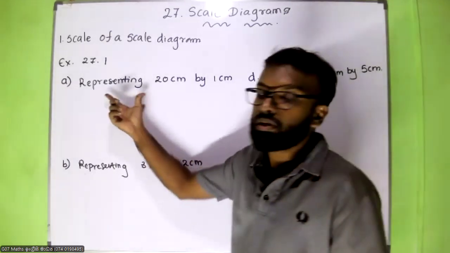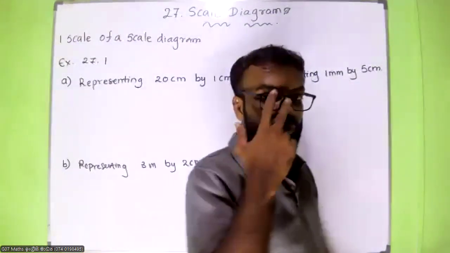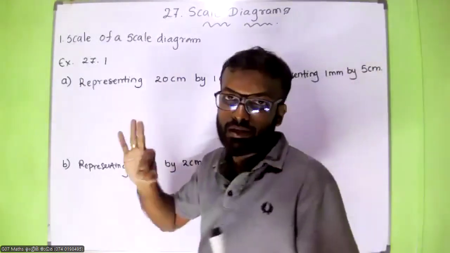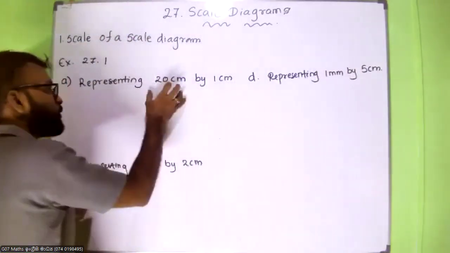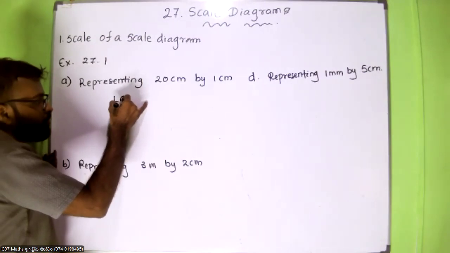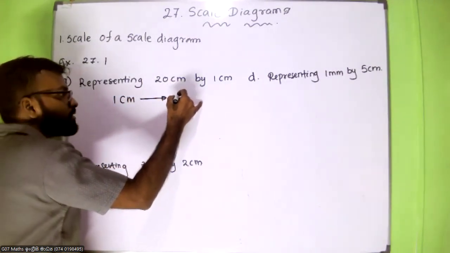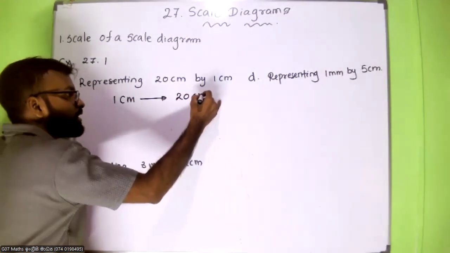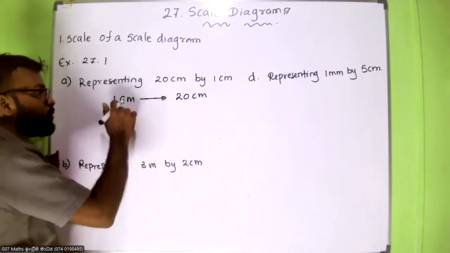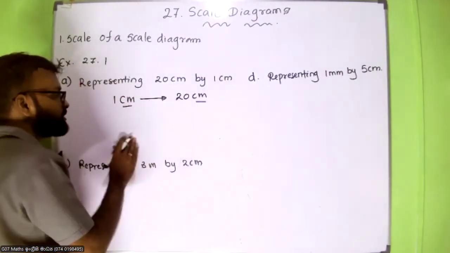So I have written them on the board. Part A now, focus on the board, stop the work. Now try to catch the pattern that I am doing. Representing 20 centimeters by using 1 centimeter. Both are in centimeter, so nothing to do.